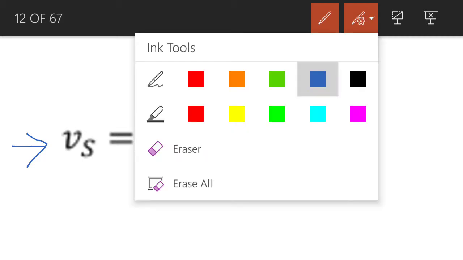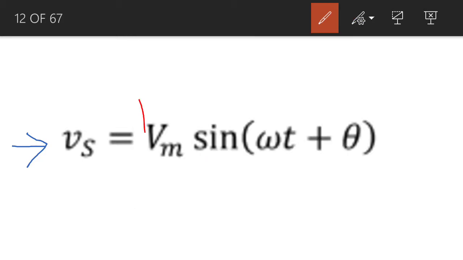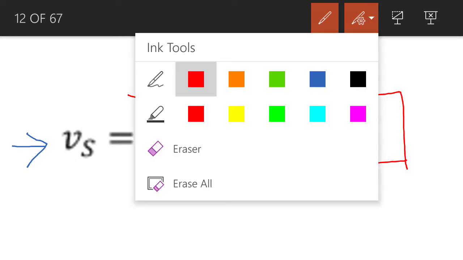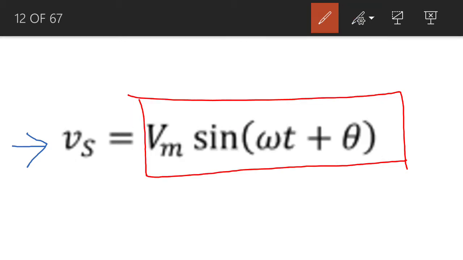We know that the AC voltage varies sinusoidally with respect to time. This voltage has a maximum value which is represented by Vm, and it has a proper phase angle which is represented by theta. So this is the general equation for the AC voltage across the source.